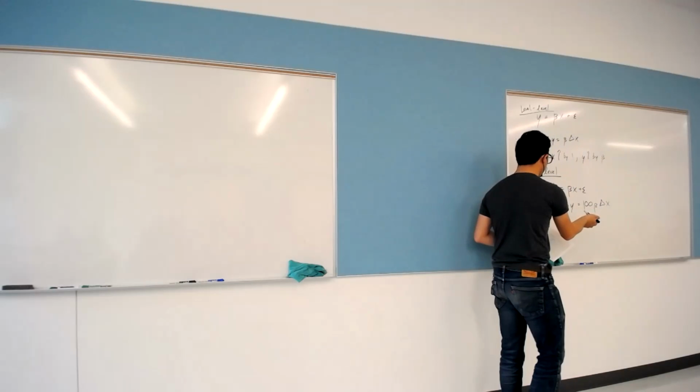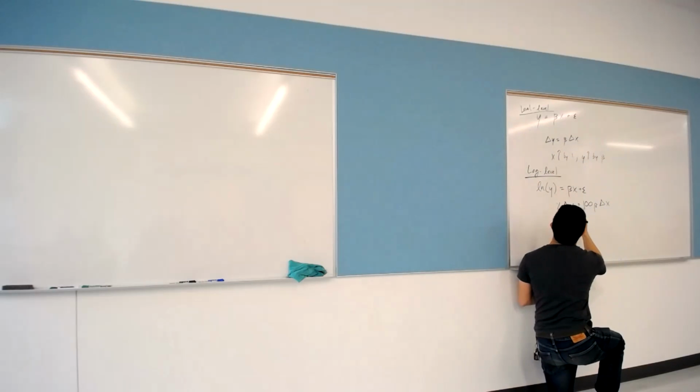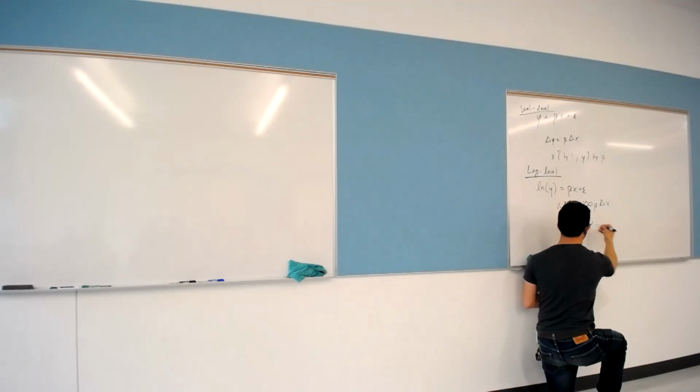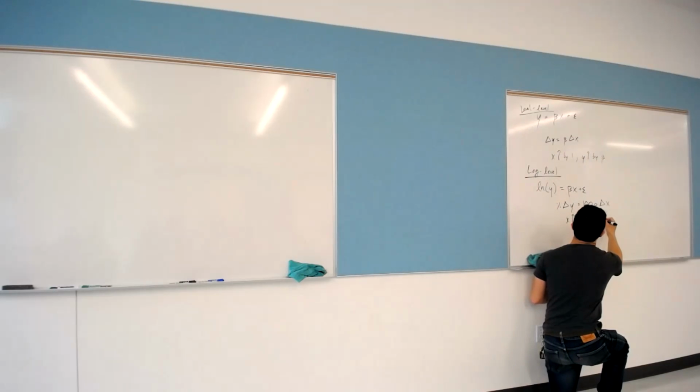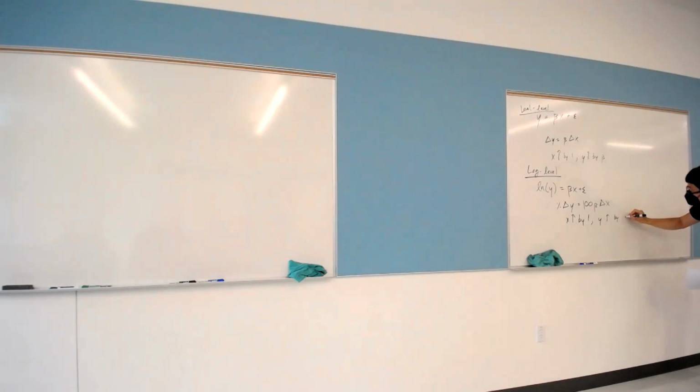Basically, as x increases by 1, y will increase by 100 times beta percent.